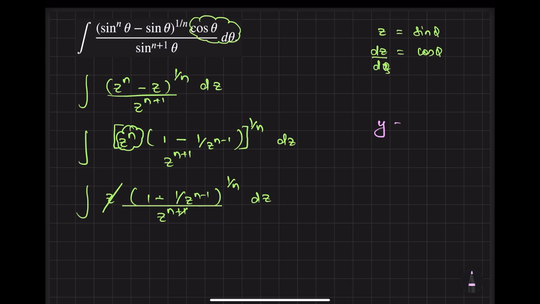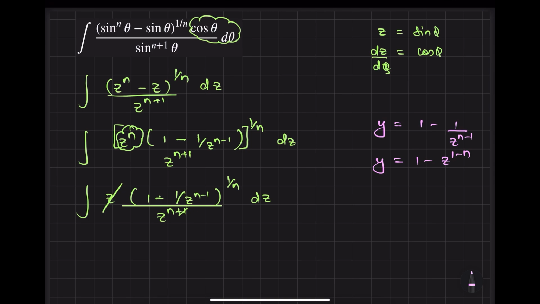So suppose that y is 1 minus, acha, I will write, it is 1 by z^(n-1). Now I want to take this power on the numerator. So y will be equal to what? 1 minus z^(1-n).